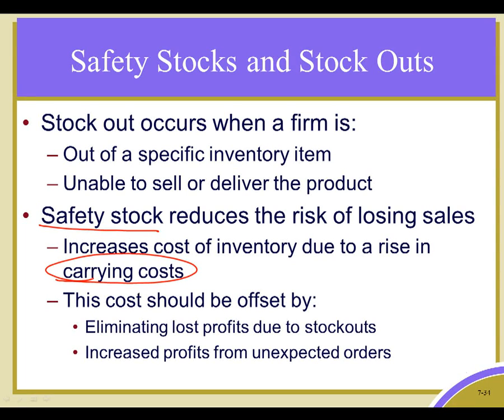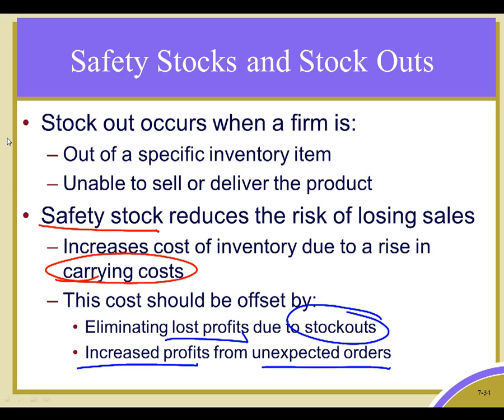But what's the benefit? Well, the benefit is that you hope to eliminate stockouts and the lost profits that arise from that. And if you get lucky, you'll actually have increased profits from some unexpected orders where you're able to sell off that safety stock. And then you'll go out and repurchase additional inventory, including restocking that safety stock element.